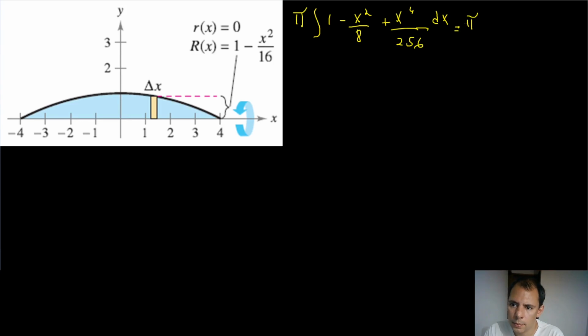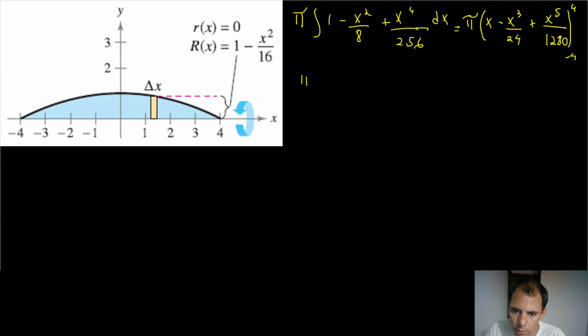Equals pi times x minus x cubed divided by 24 plus x to the 5th divided by 1280, going from -4 to 4.